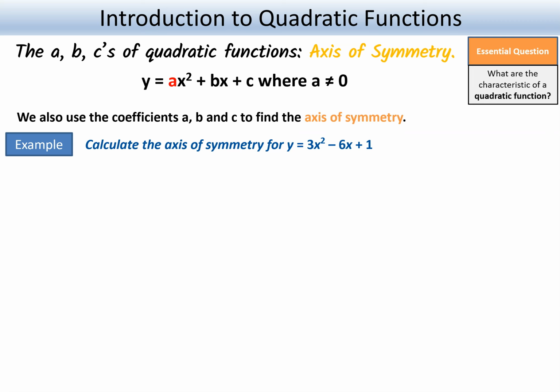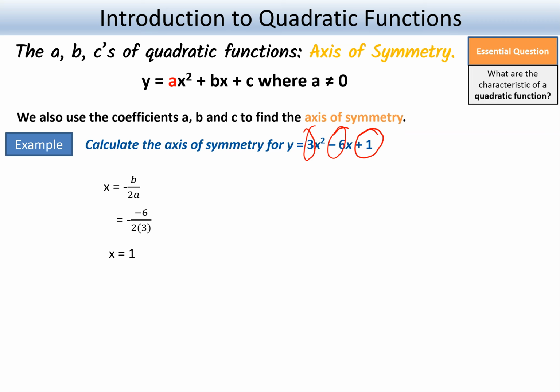Let's go ahead and apply this. So let's calculate the axis of symmetry for the quadratic function y equals 3 times x squared minus 6 times x plus 1. Remember, that's my a, that's my b, and that's my c. So I'm going to write the formula down. Then I'm going to substitute. B is -6, a is 3.